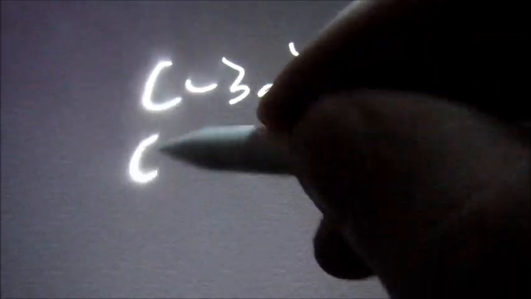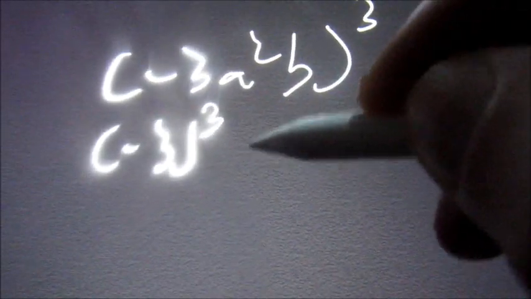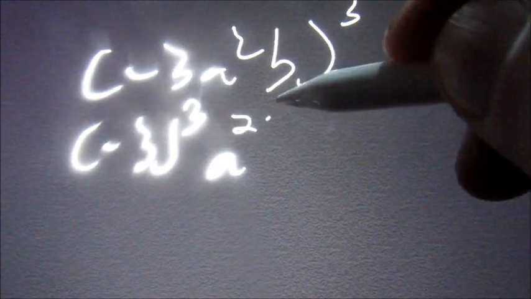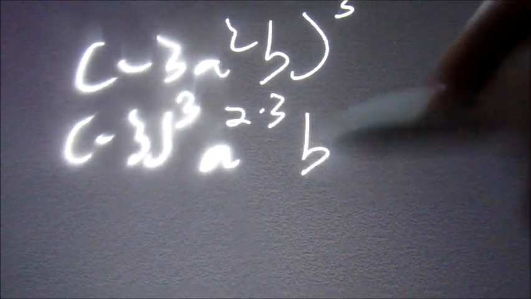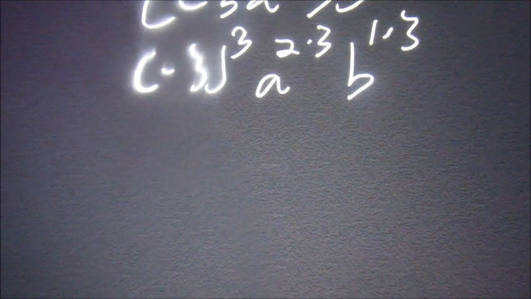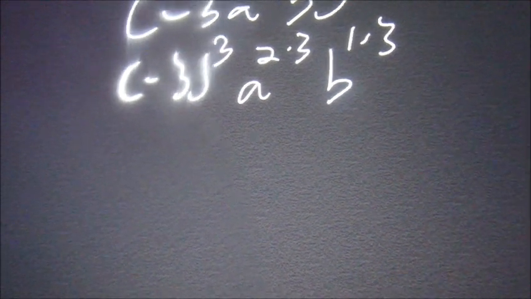Okay, another one. Let's say we have negative 3, a squared, b, all raised to the 3. So this is negative 3 raised to the 3, a to the 2 times 3, and b to the 1 times 3. So here, negative 3 raised to the 3 is negative 3 times negative 3 times negative 3.